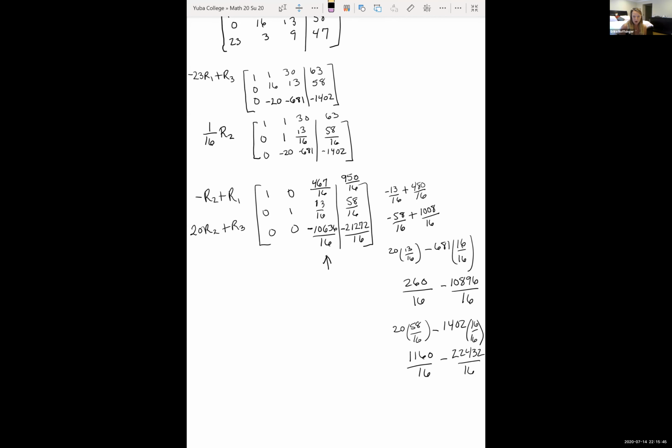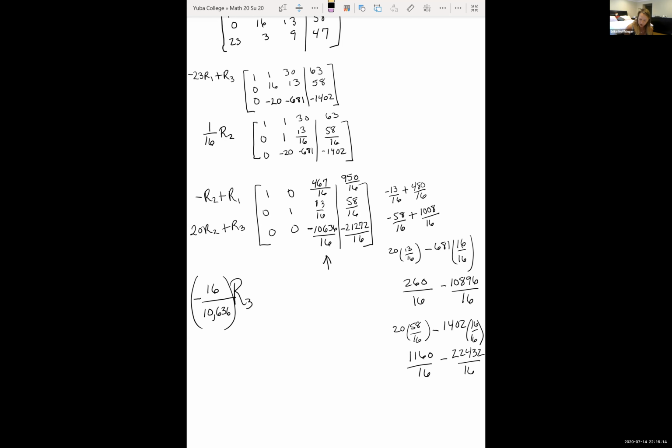There's only one way to make this entry in the third row, third column 1, and that's just to multiply by the reciprocal. So if I multiply this row 3 by that reciprocal, I'm going to multiply it by negative 16 over 10,636.